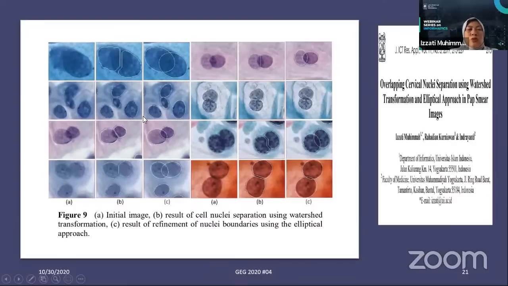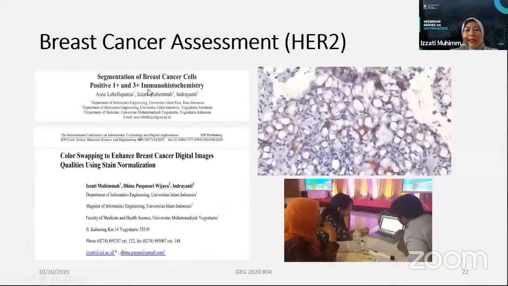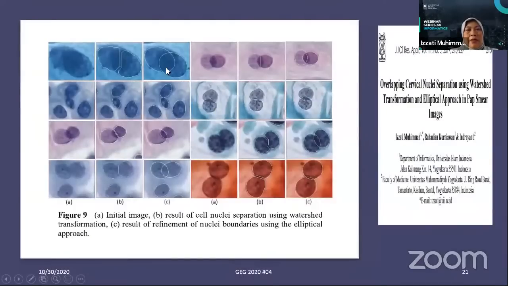To do the correction, from the new centroid we model the elliptical border using shape analysis. From that, we can then make nuclei 1 and nuclei 2, and we see the area of overlapping cell.